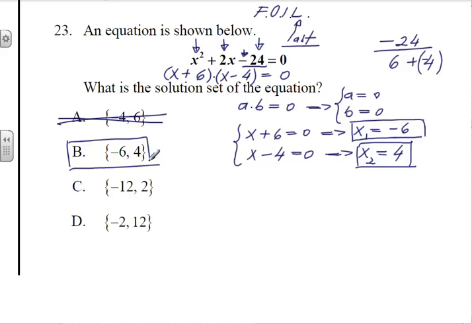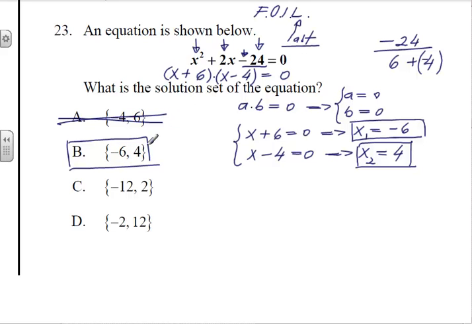Let me show you the other way of solving it. Not the only way, just another way, if you don't remember anything about factorization. Remember, we did it with a different problem. If you have no clue how to solve it, what you can do is plug each one of these x's back in. You take negative 6 and plug it back into your expression.